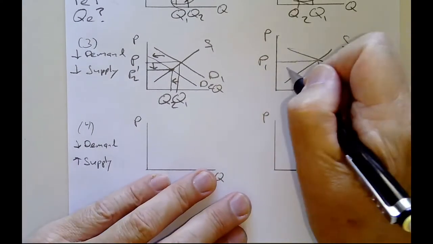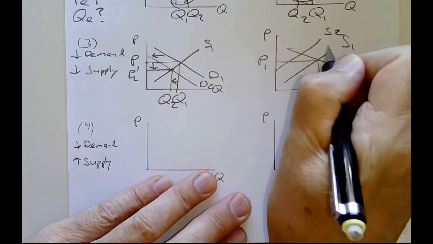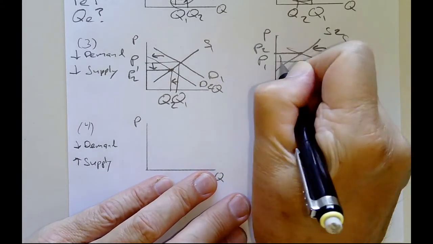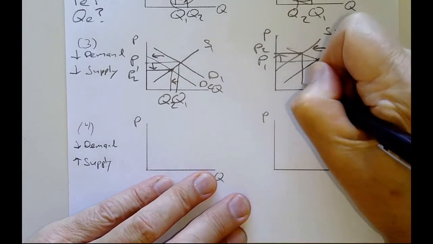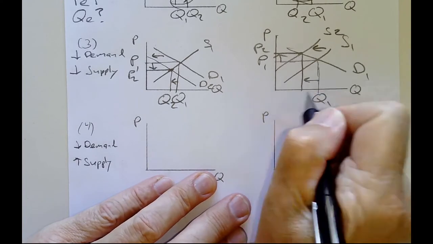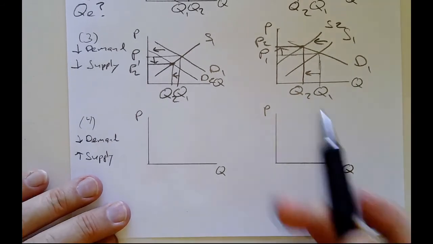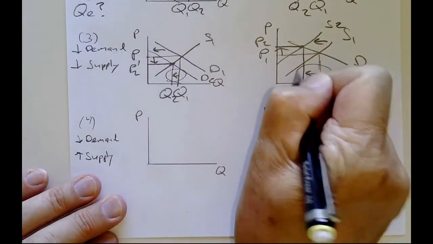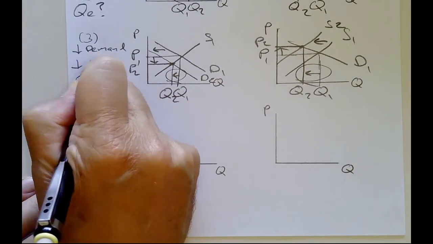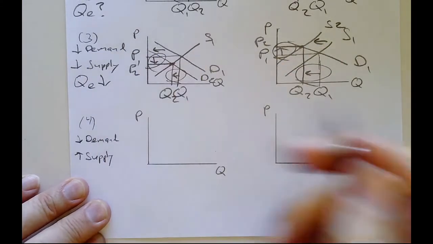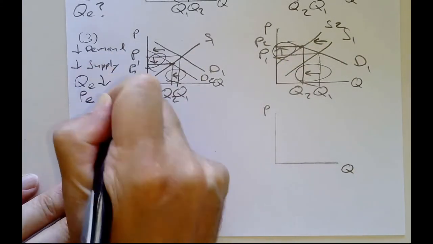Decreased supply: higher price, lower quantity. It's so much easier if you separate it on two different graphs. Don't put it on the same graph, because you can't see what's going on. Just look and see where they agree. They both say decreased quantity. That's guaranteed: equilibrium quantity is going to go down. Price, they disagree. Don't know. Give the equilibrium price change a question mark.